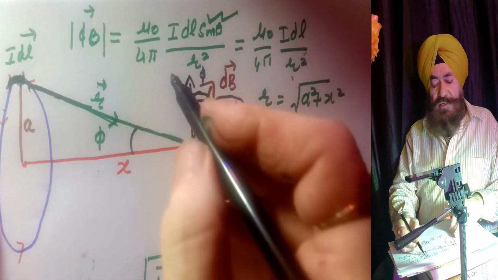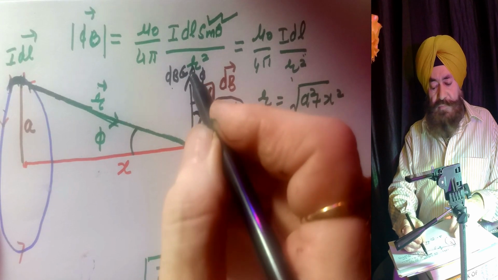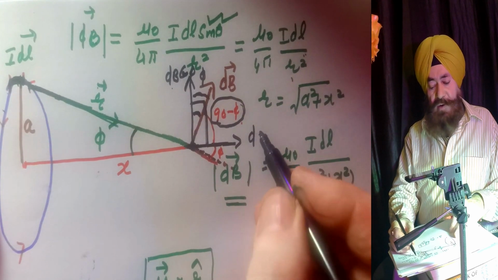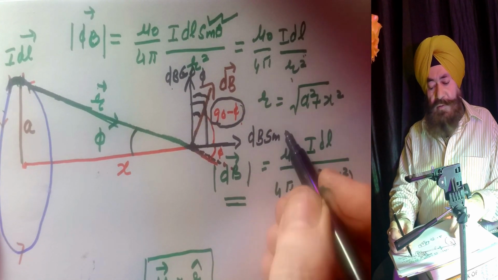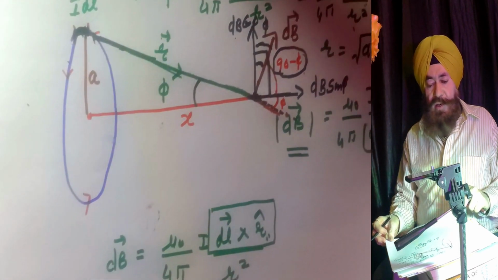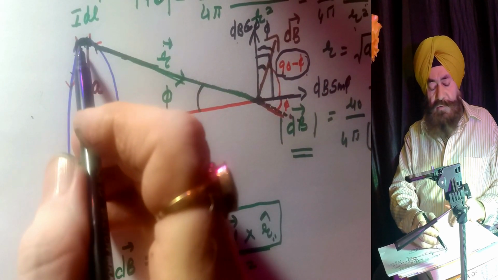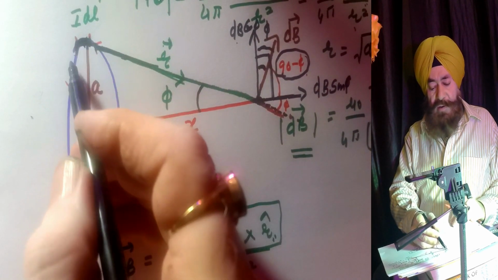Then if this is dB, this will be dB cos phi. And this will be dB sin phi. Now similarly, we are not having only one current element.